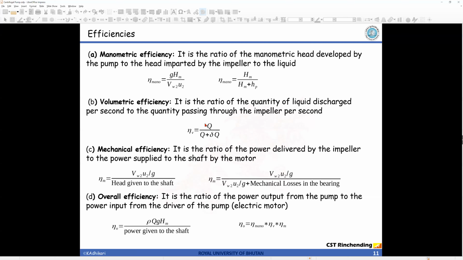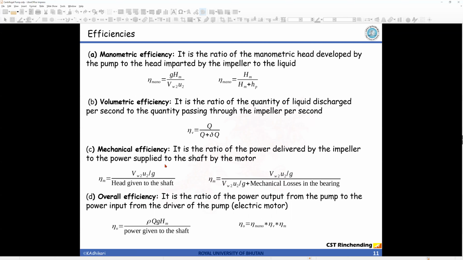Let's say a small amount delta Q comes back to the same eye. So there is a recirculation within the pump. Because of this, there is a volumetric efficiency. The liquid passing through the impeller is not all going through the discharge. It is not discharging from the pump. So that gives us the volumetric efficiency.